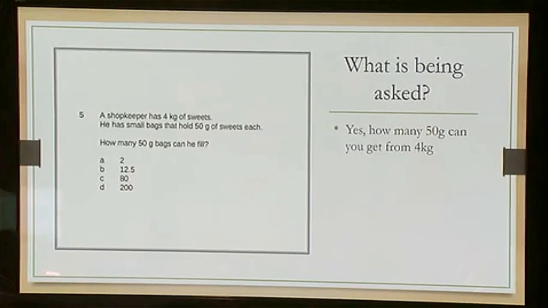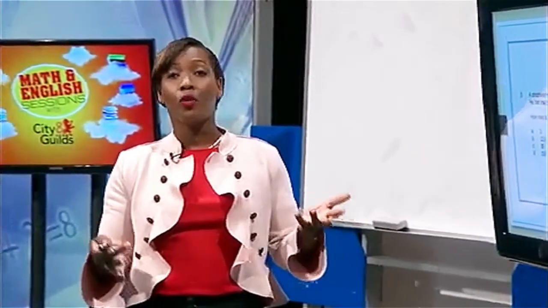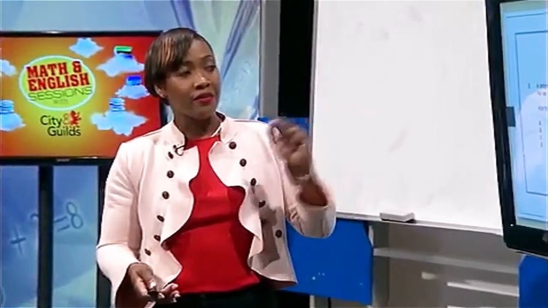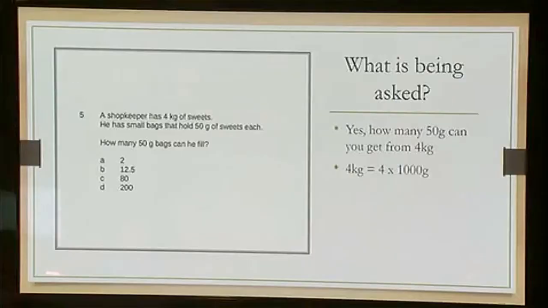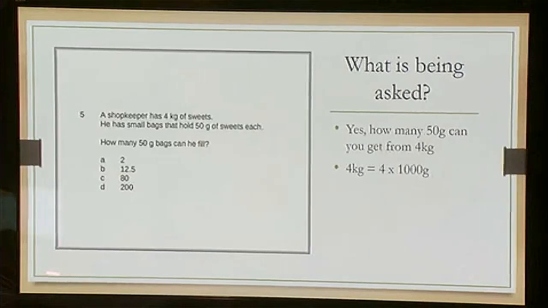So we want to put them on the same unit. Since we're working with the 50-gram bags, let us convert our 4 kilograms to grams. You should know by now that 1 kilogram is made up of 1,000 grams. So if we have 4 kilograms, we multiply 4 by 1,000 to get the amount of grams.